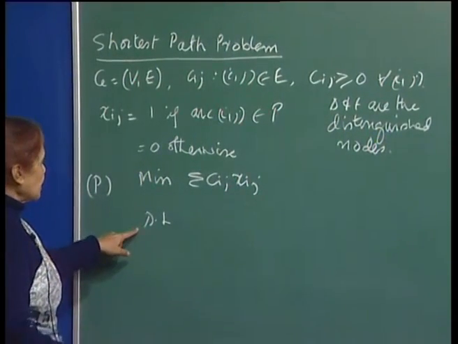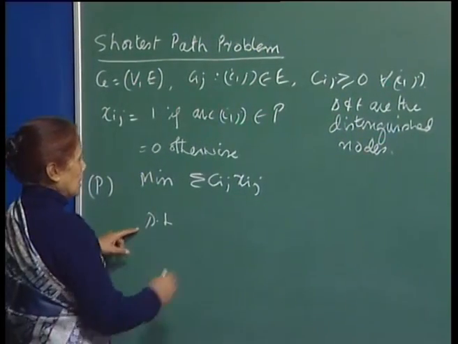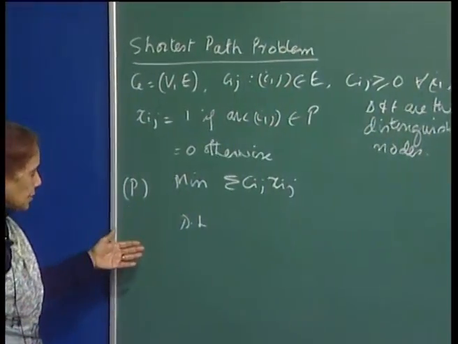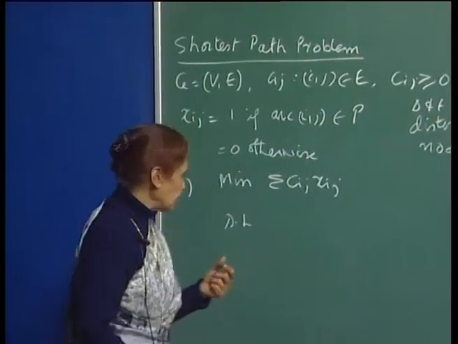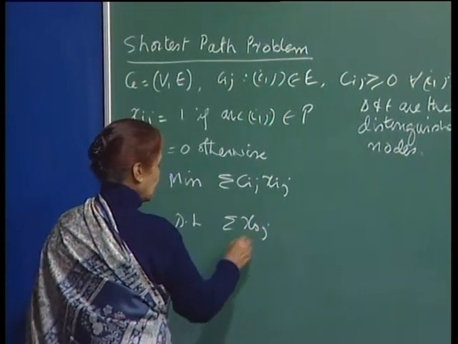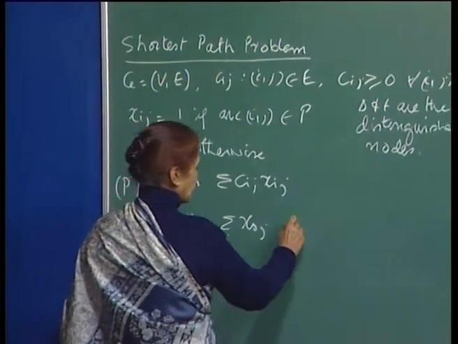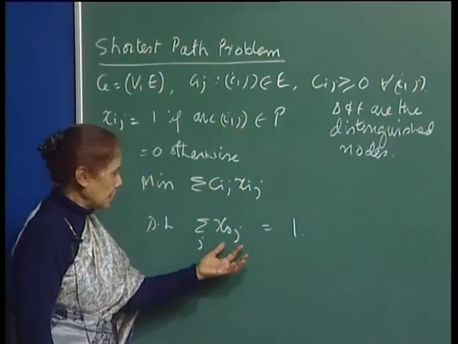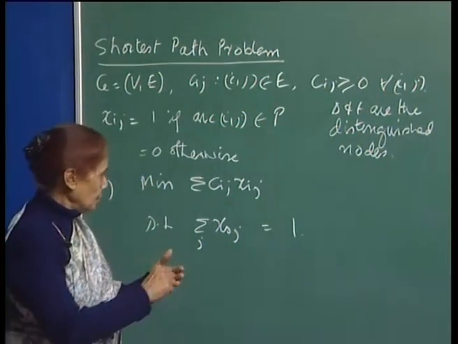Then the constraints would be, because we want a feasible solution to this formulation to be a path from S to T, which will require that the summation xsj over j has to be equal to 1, because one arc must leave S to begin the path.